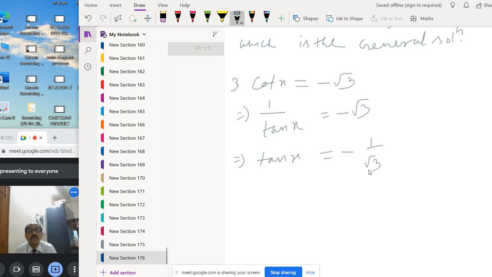Now tan is negative. Which quadrant? Second and fourth quadrant. The second quadrant means 180 minus.